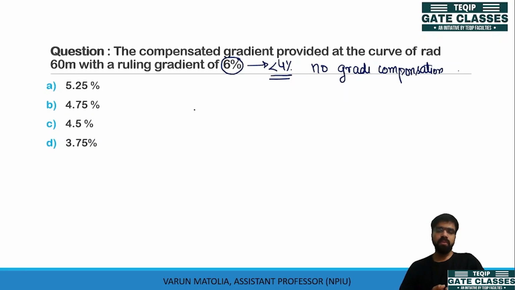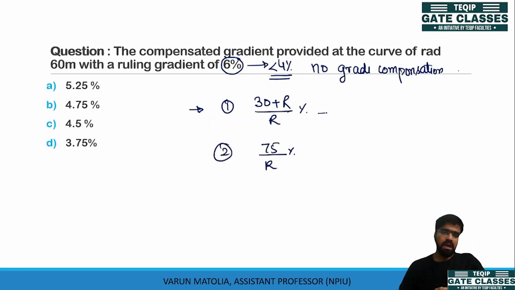And we have two formulas for grade compensation. First formula is (30 + R)/R percent, and second formula is 75/R percent. Out of these two, we take the minimum value. Let us calculate from the first: (30 + 60)/60.